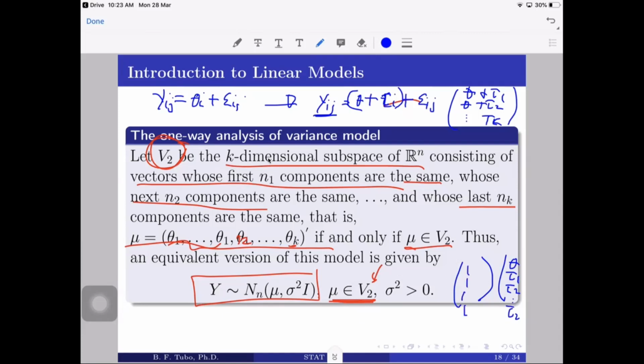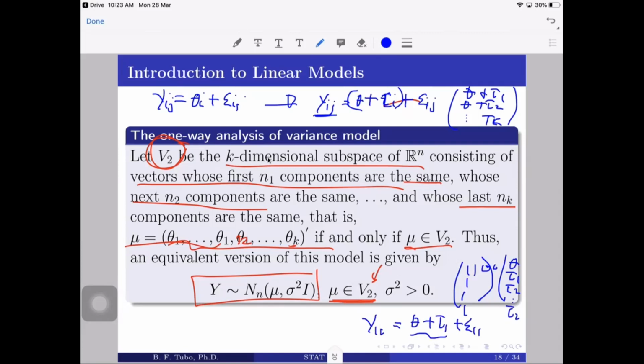So for example, for y11, it is theta plus tau 1 plus epsilon 11. So when you multiply, what should your design matrix be so that it comes out? It should be 1 1 0, no?